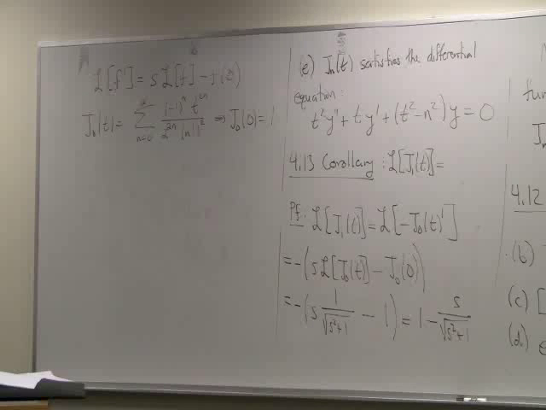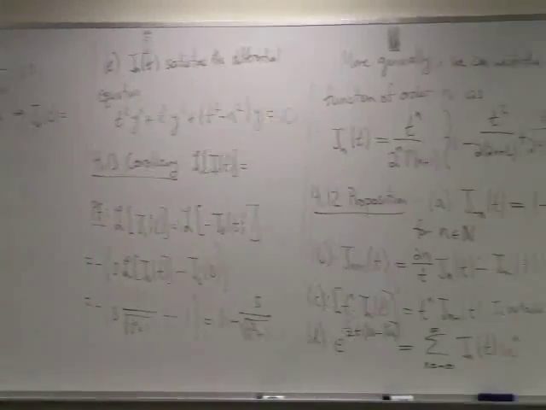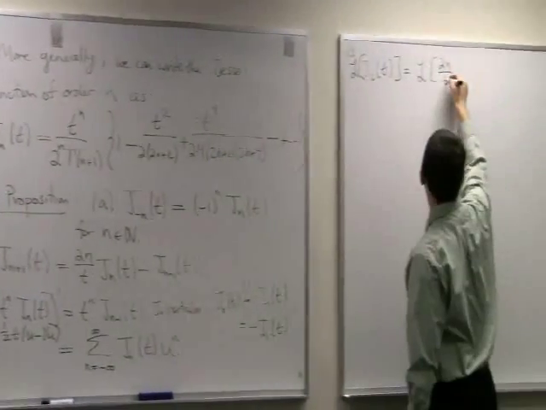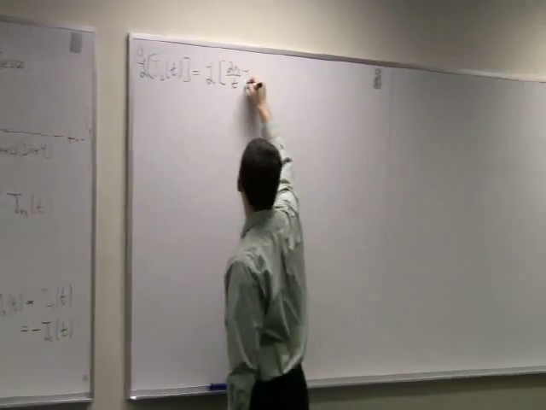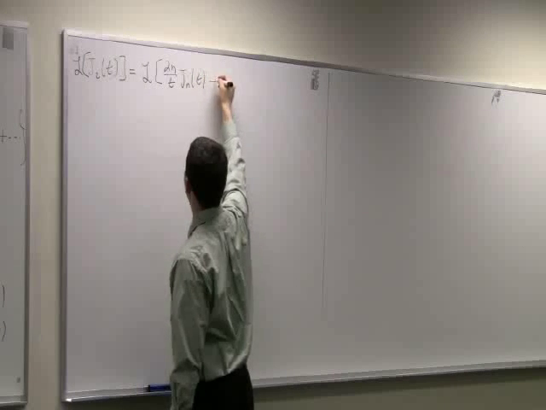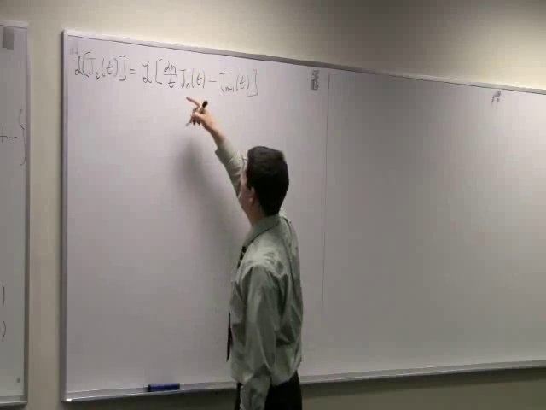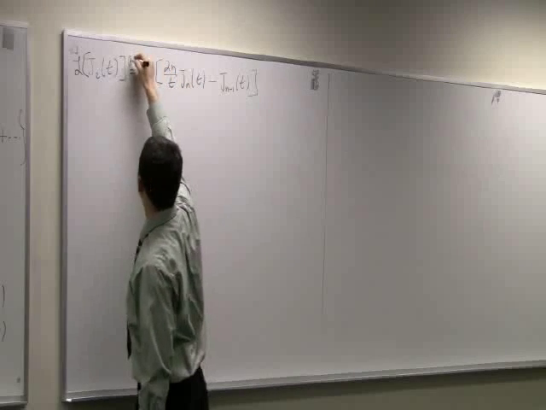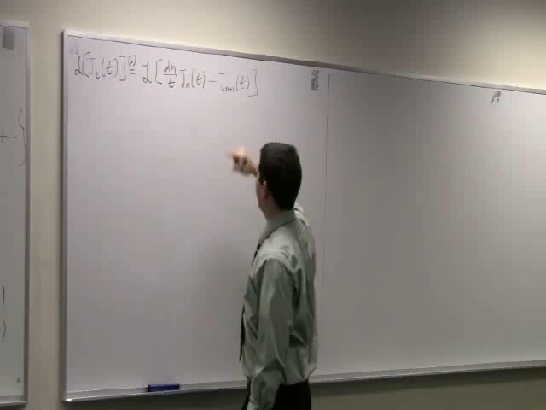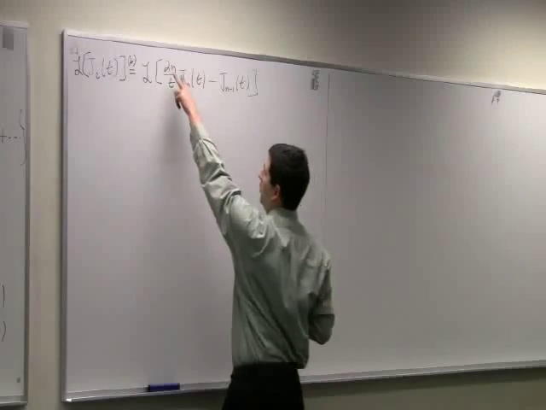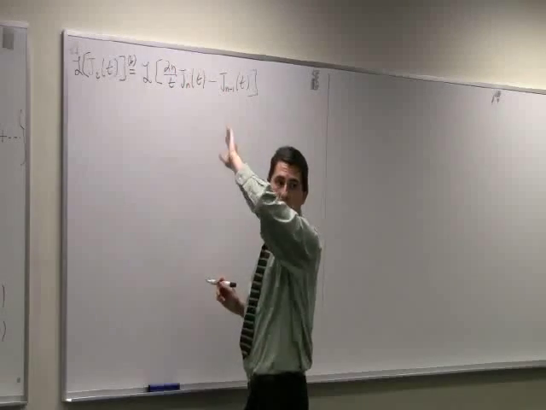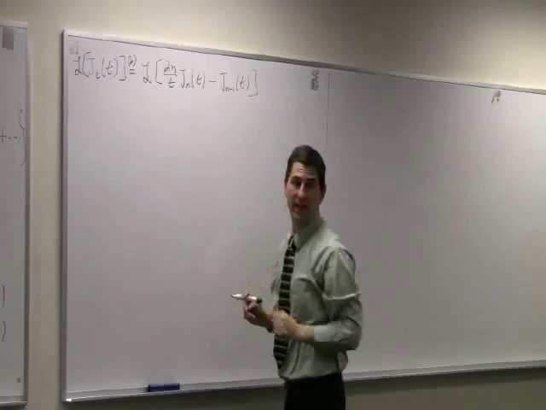Where are we going to have a problem computing? Function times another function. So by part B of the proposition, I can break it up like this. The 2n, that's just a constant, I can pull it out, but this 1 over t, I can't.